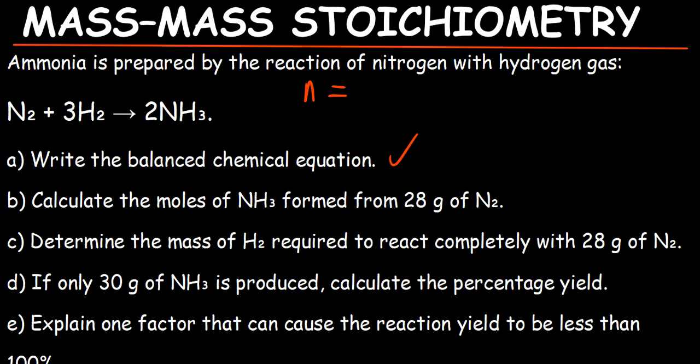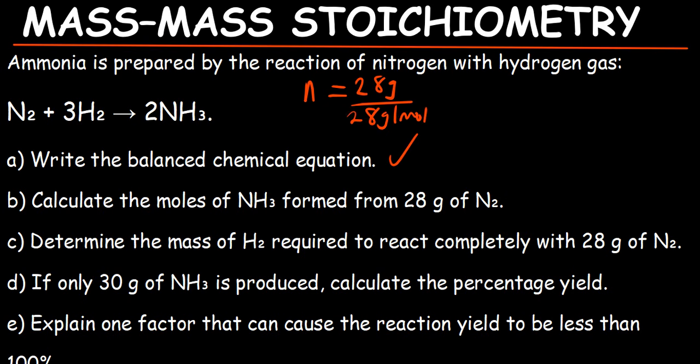The mass is 28 grams of nitrogen, so it's going to be 28 grams over the molar mass for nitrogen. What is it going to be? The molar mass of nitrogen is 28 grams per mole. So the gram and the gram are going to cancel.